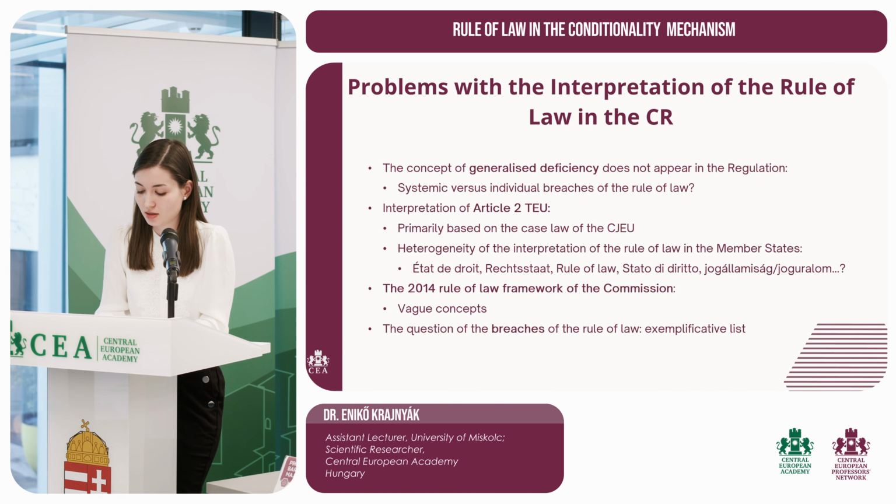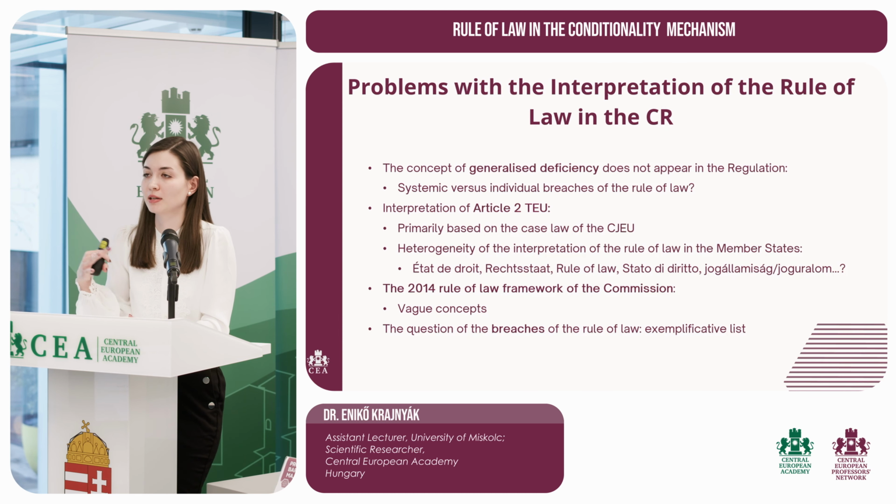As for Article 2 TEU, of course, we know that it is primarily based on the case law of the CJEU. However, the rule of law itself wasn't developed by the Union, but it was first developed by the member states, and each member state had a different understanding of the rule of law.